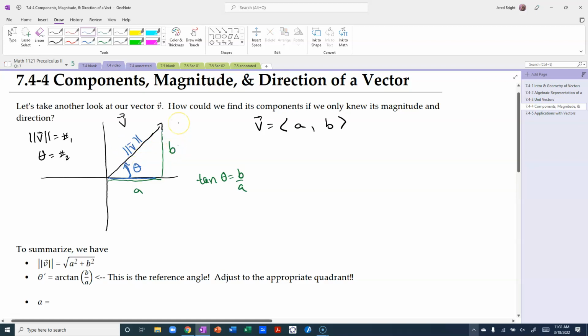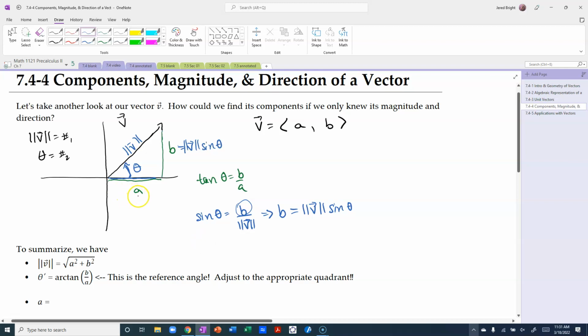So I could set up an equation that says sine of theta is equal to b over magnitude of v. If I solve for b, that gives us b is equal to magnitude of v sine theta. Oh, that's actually incredibly helpful. And that uses the magnitude and direction that we know.